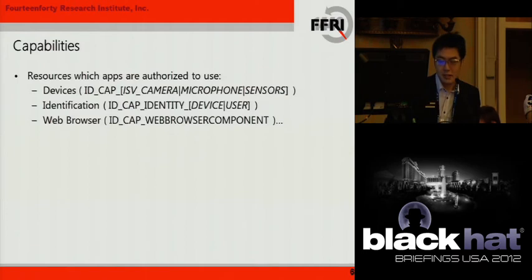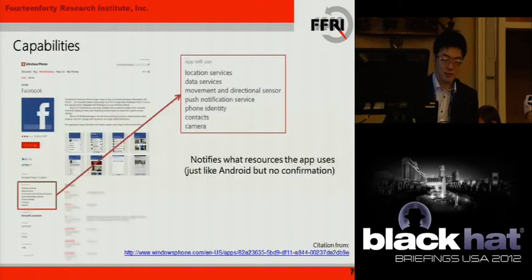So let's look at the Windows Phone Marketplace website. This is the description page for the Facebook app. On this page, you will see the app will use location services, data services, and so on. This indicates and notifies what resources the app uses, just like Android. One thing I'm a bit worried about is there's no confirmation like Android when you install the application.